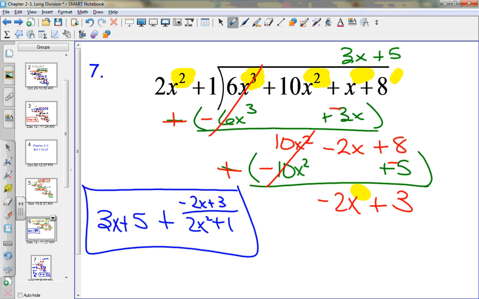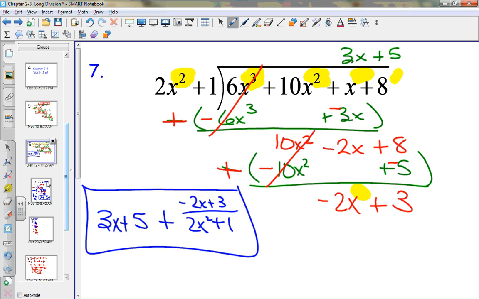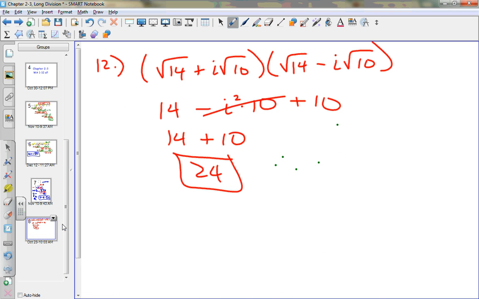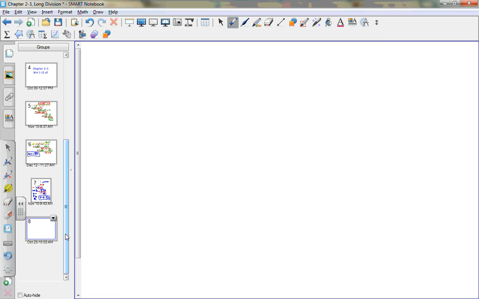Okay. The worksheet from last night, get it out. Any problems with 1 through 5? 1 and 2 confused you.